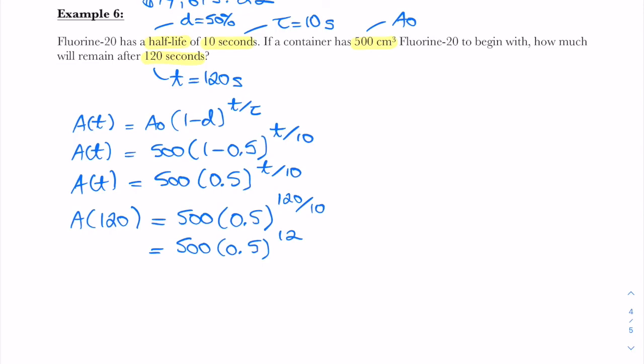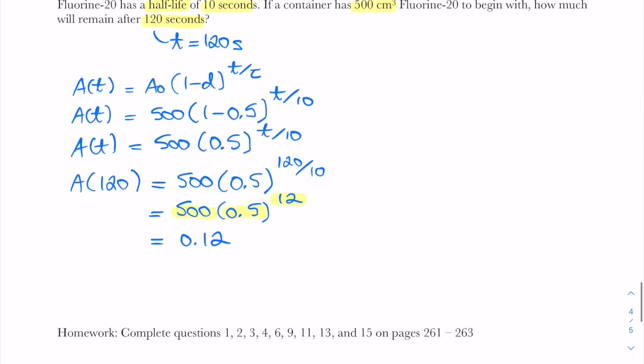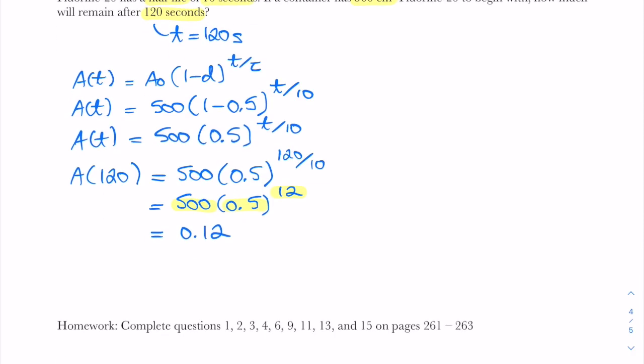So take your base of 0.5, raise it to the exponent 12, and multiply that number by 500. You should get approximately 0.12. I didn't specify how many decimal places to round the final answer to, so I'm not that picky for these things, but I think 2 decimal places is more than enough. So please write yourself a therefore statement and we're done.